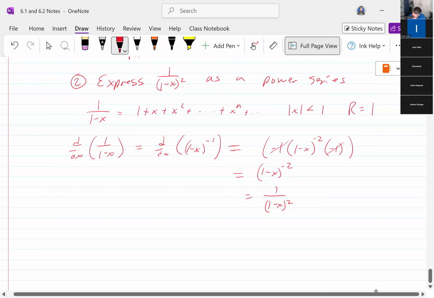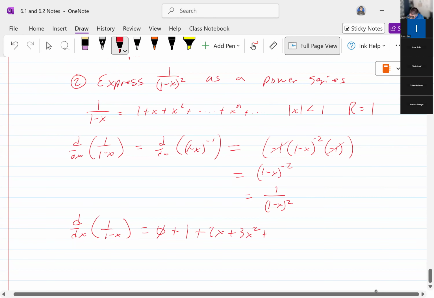So I'm going to take the derivative of the power series for 1 over 1 minus x term by term. The derivative of 1 is 0. The derivative of x is 1. The derivative of x squared is 2x. The derivative of x cubed is 3x squared.